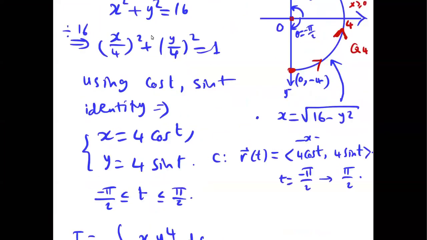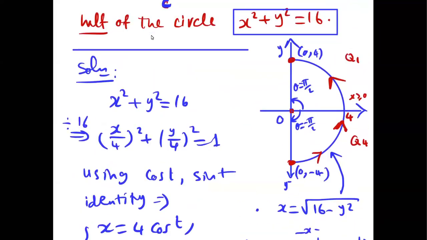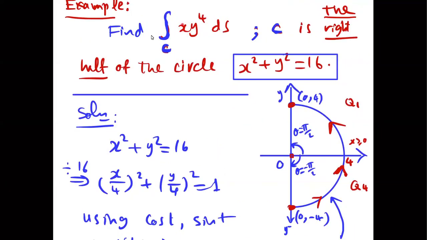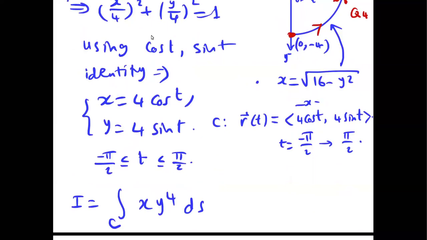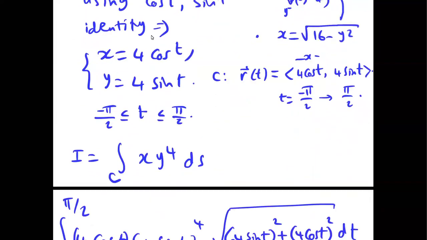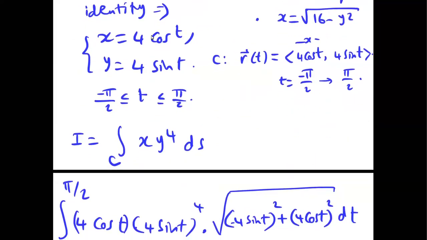So the integral again is, we substitute for x to be 4 cosine t, y to be 4 sine t, and ds we need to calculate as in the previous example. Again, once more, r dash equals negative 4 sine t, 4 cosine t.